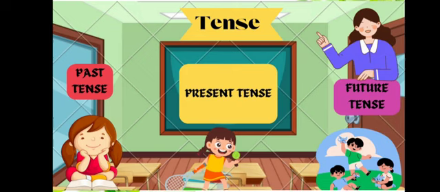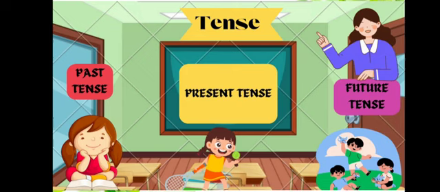Just as your parents have 3 or 4 children, tense has 3 children similarly. The first one is present tense, the second one is past tense, and the third one is future tense.